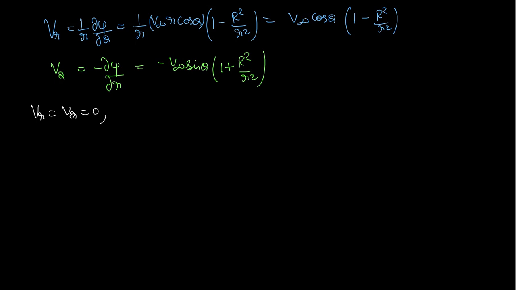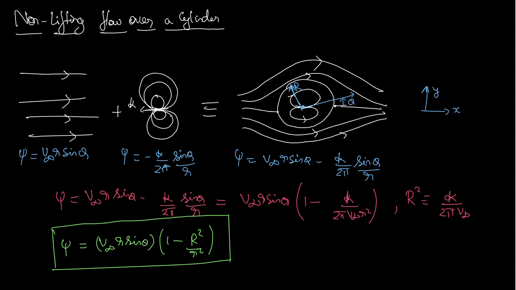On solving these two, Vr equals 0 and V theta equals 0, we actually get two solutions, in which one solution is r comma theta equals R comma 0, and the other solution is R comma pi. We can see that clearly from the figure, right? Let me bring this figure to the next page also.